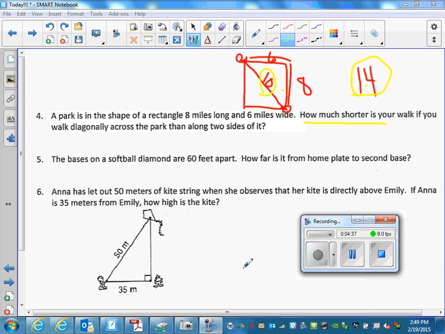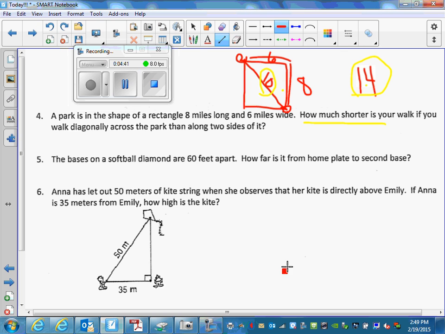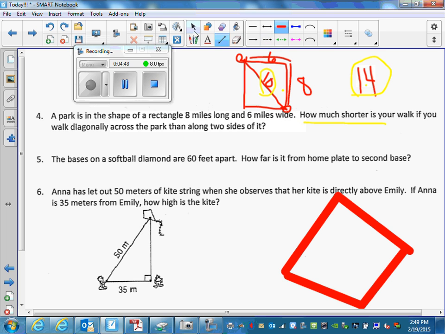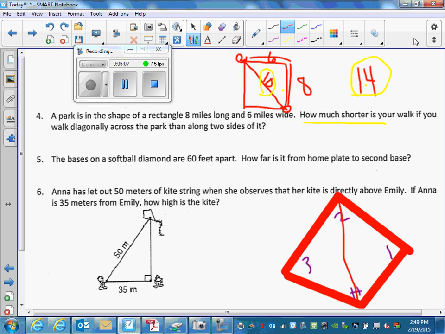Number 5, the bases are 60 feet apart. So we have our different bases. Home is here. First base, second base, third base. It wants to know how far is home from second.